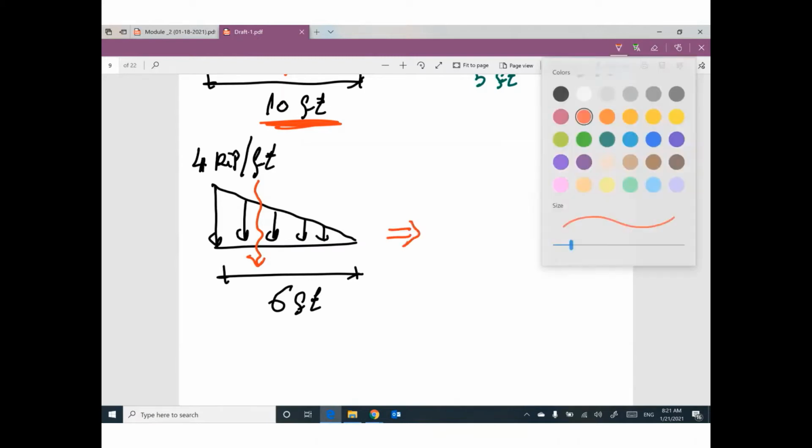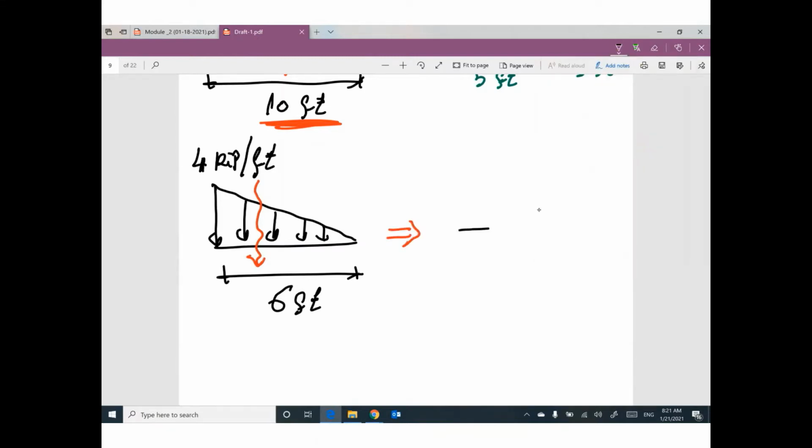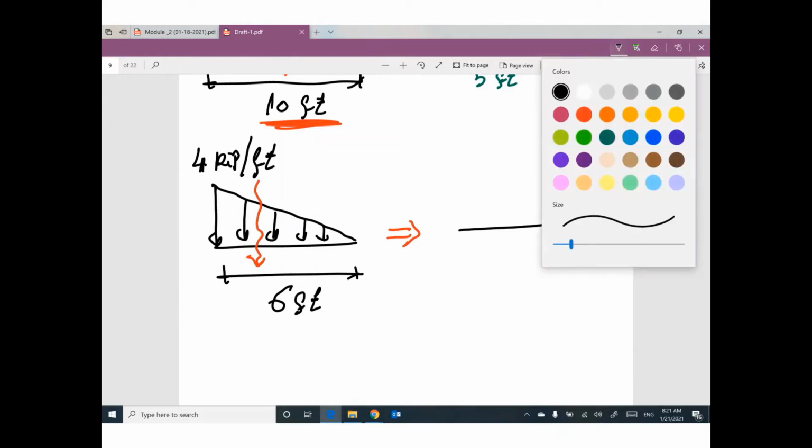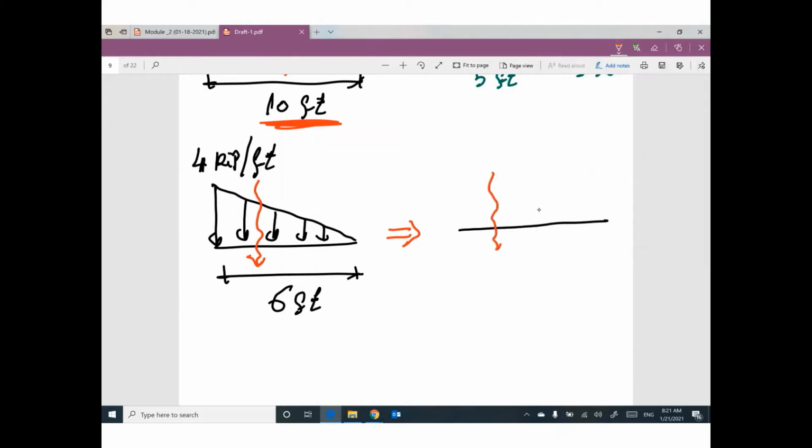So this distributed load can be converted to an equivalent force. How much for this force? The area of this right angle triangle, 1/2 times 6 feet times 4 kip per foot, equals 12 kip. So this force equals 12 kip.